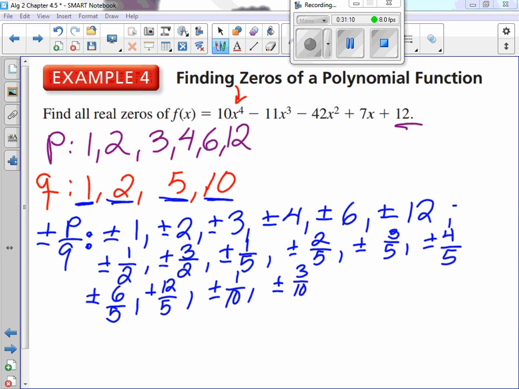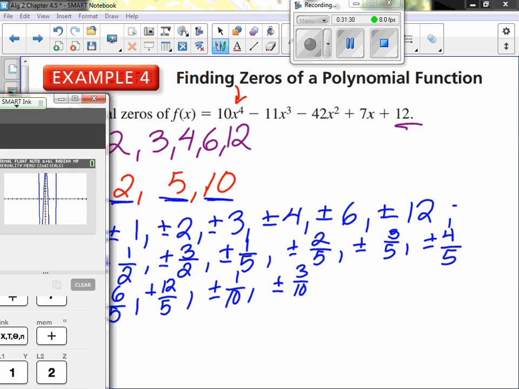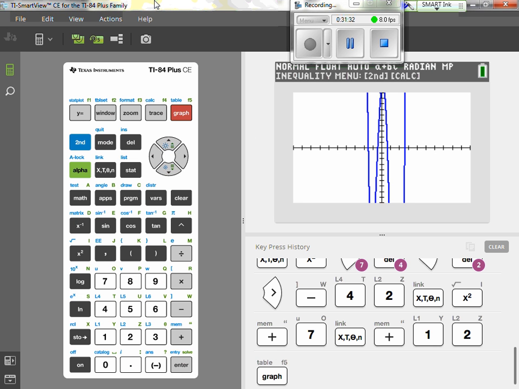Plus 7x plus 12. You all have this typed in? Yes? Okay. And when you graphed it, it looked something like this here, yes? Okay. So let's look at this here.